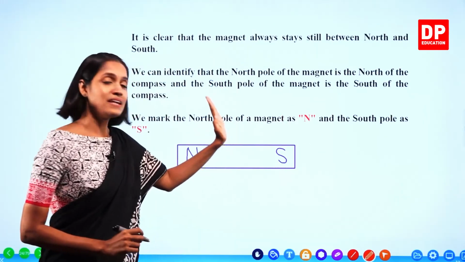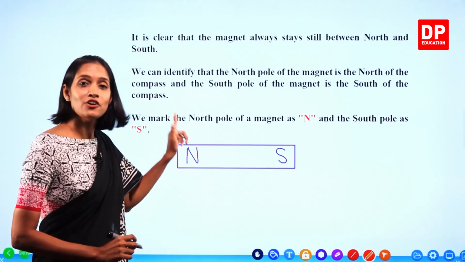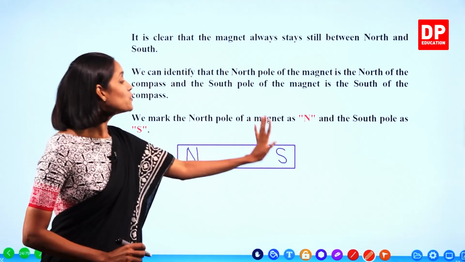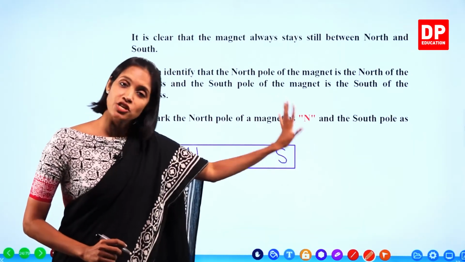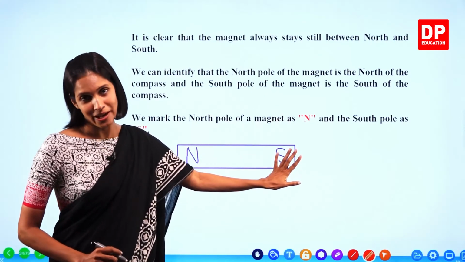So the red side, as it faces towards the north direction, we call this side the north pole. As the blue side always faces towards the south direction, we call this pole the south pole of a magnet.